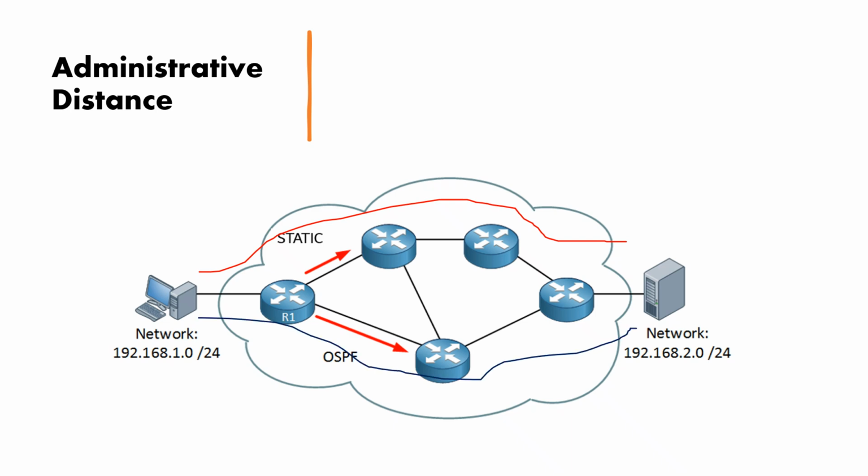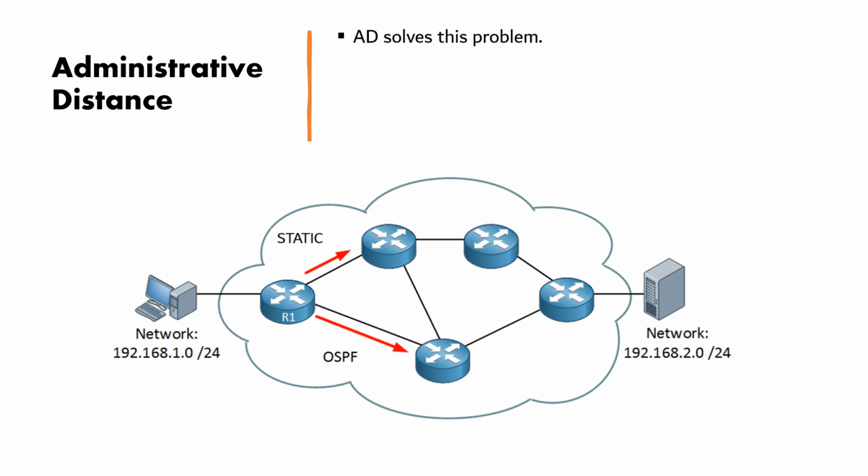So you can see, as shown in Google Maps earlier, I have two paths available. So which route will be added to the routing table when the router receives advertisement from both routing sources for a route to 192.168.2.0? Administrative distance, or AD, solves this problem.